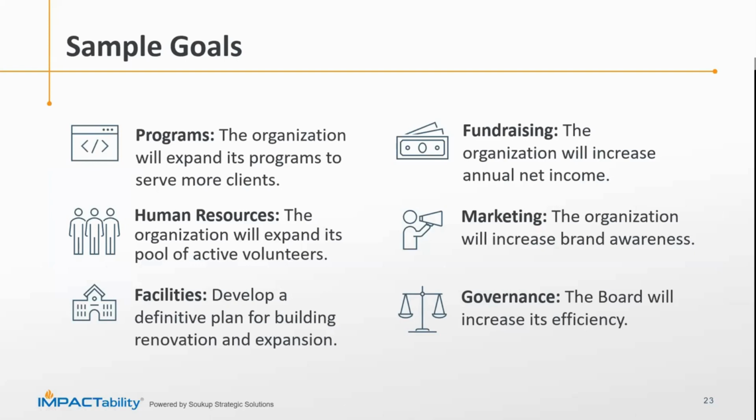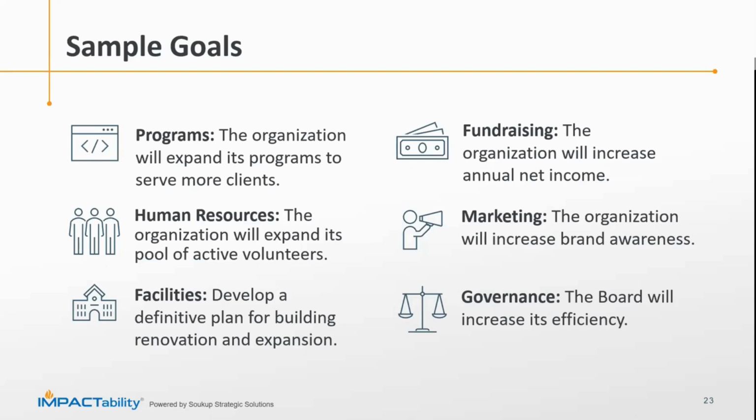Okay, so some sample goals would be the organization will expand its programs to serve more clients, or the organization will expand its pool of active volunteers. For facilities, it might be: develop a definitive plan for building renovation and expansion.